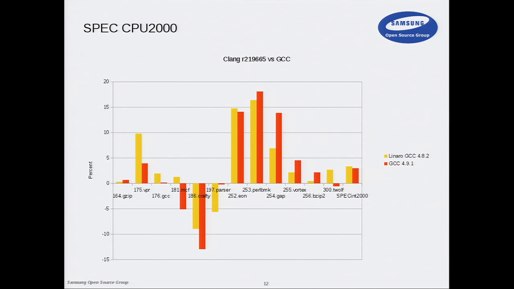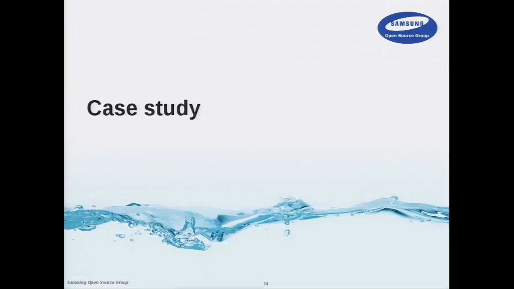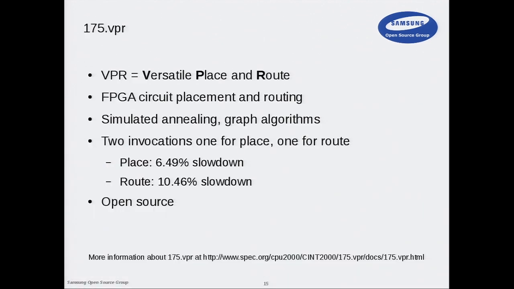For the remainder of the talk, I want to focus on VPR because it has some properties which make it a good candidate for just looking at it in a presentation like this. What's VPR? VPR stands for versatile place and route. This is an FPGA circuit placement and routing application.